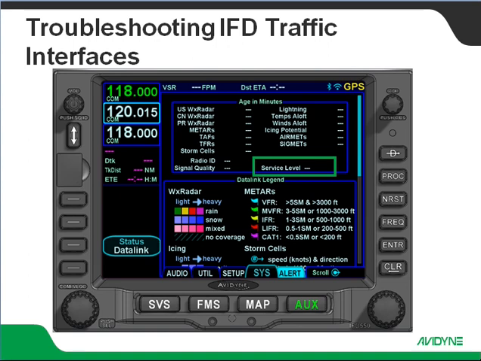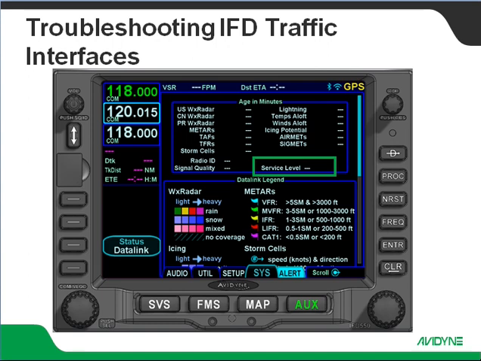This next one is going to be kind of dependent upon if your ADSB data stream is carrying both traffic and weather, like maybe a Capstone traffic and weather type protocol. Here's another place you can go take a look just to double verify that the data stream is coming across. What you should see if you're getting the ADSB weather is under this service level, it should say ADSB WX.